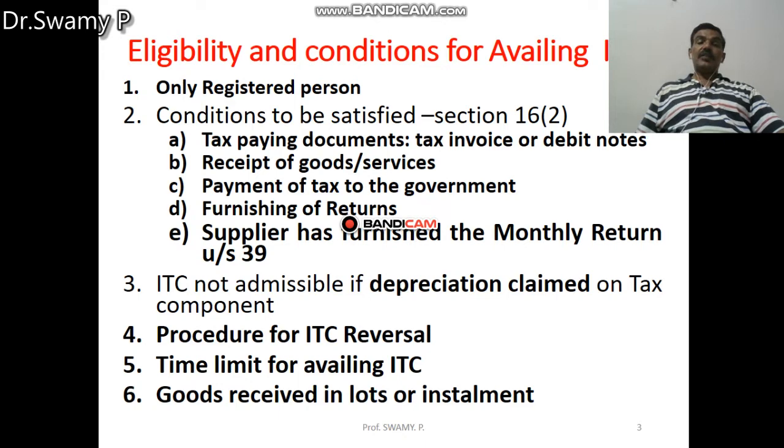When we go to the second aspect, the conditions to be satisfied in order to avail the input tax credit, let us see one by one what are the conditions.